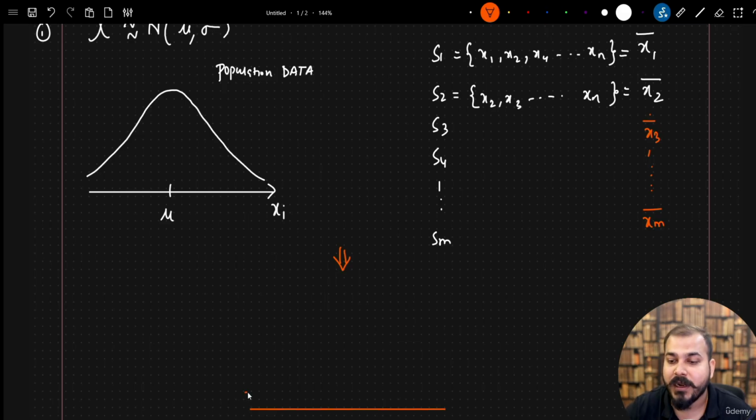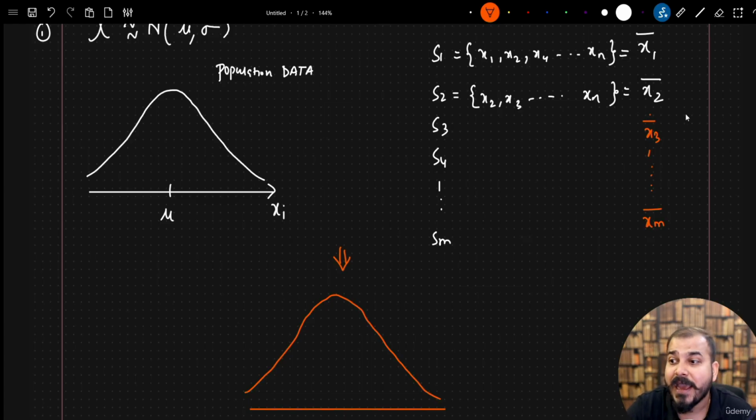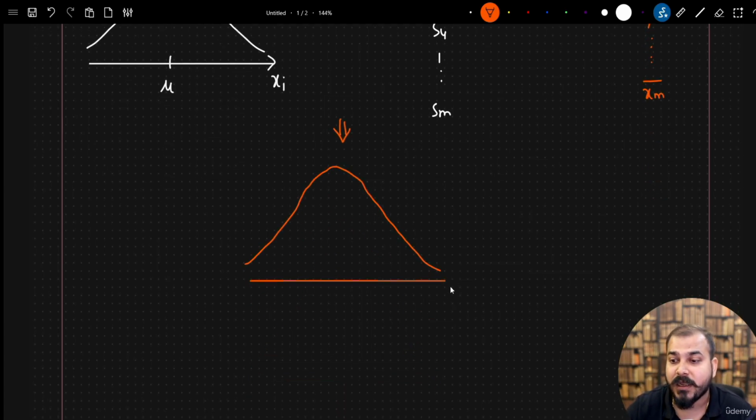Once we plot it, you will observe what the central limit theorem says: the sampling distribution of the mean will always be normally distributed. So if we take x1 bar, x2 bar, x3 bar till xm bar and plot them this way, where this is my x bar and this is the mean of x bar, you will see all the data points falling here and there, and it will follow a Gaussian, normal distribution.